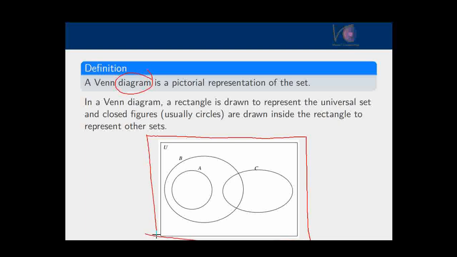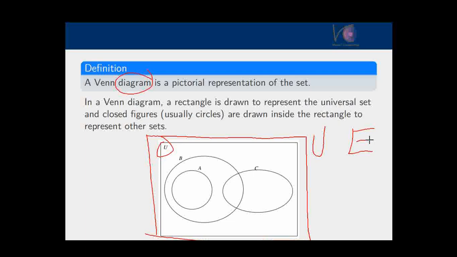Remember, we defined the universal set to be the set that contains any other set that is under discussion. And this can be denoted by the U, as we can see from here. If we are not using the symbol U, we can use the capital E to represent the universal set.